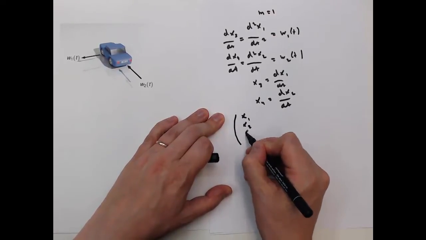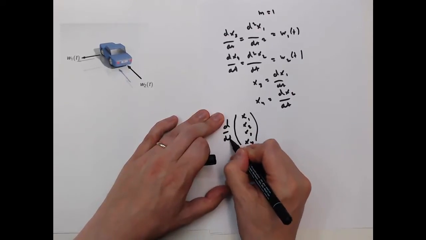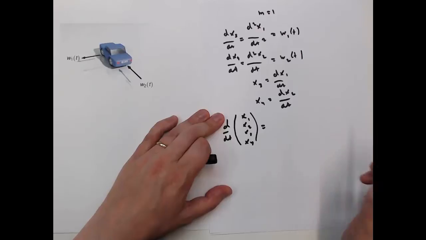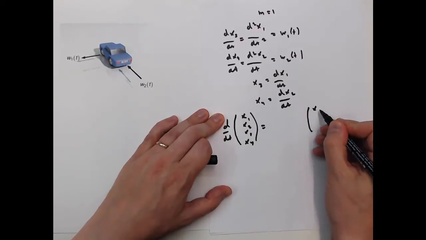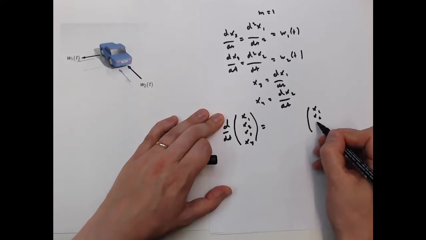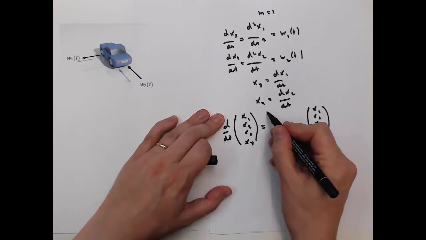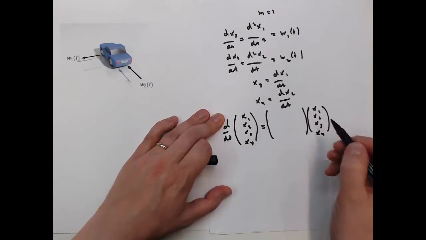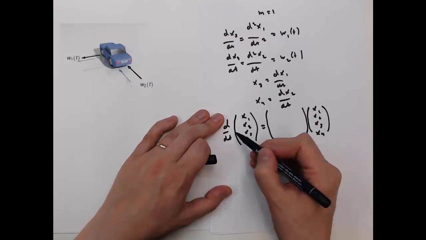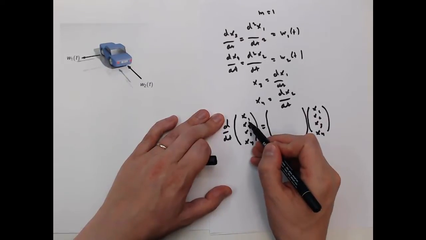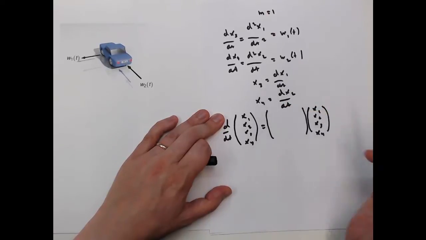x1, x2, x3, x4, the time derivative will be equal to, well, we will be clever and rewrite this in this kind of form. So we will have a matrix here which multiplies this vector x. So the time derivative of x1, well, it will be equal to x3.